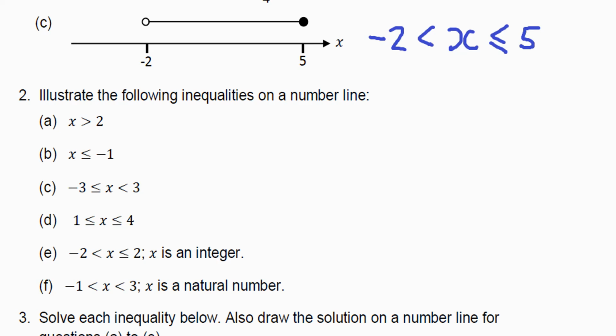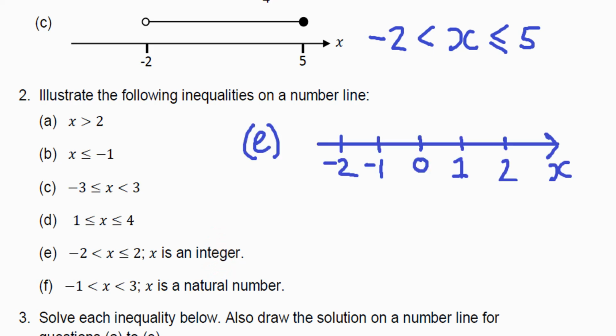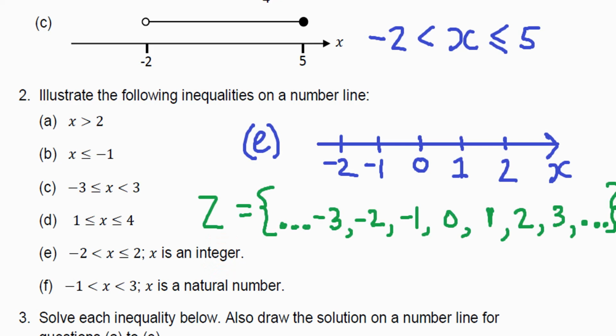In E it says x is greater than -2, but less than or equal to 2, and x is an integer. Now, we know that the integers are represented by the symbol Z, and it includes all the negative and positive whole numbers, including 0.